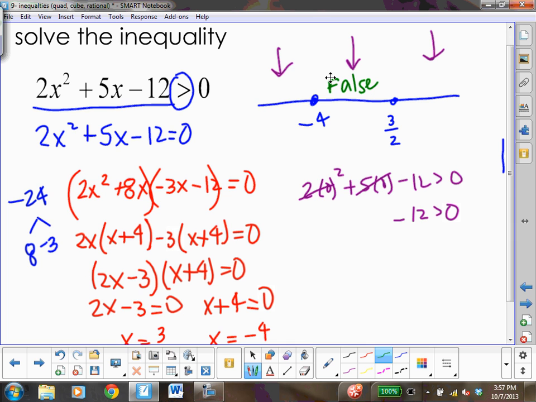So now I need to test the outer parts. I need to think of a number that is less than negative 4. And so what better number than negative 5? Again, you could pick any negative number you want, just as long as it is less than negative 4.